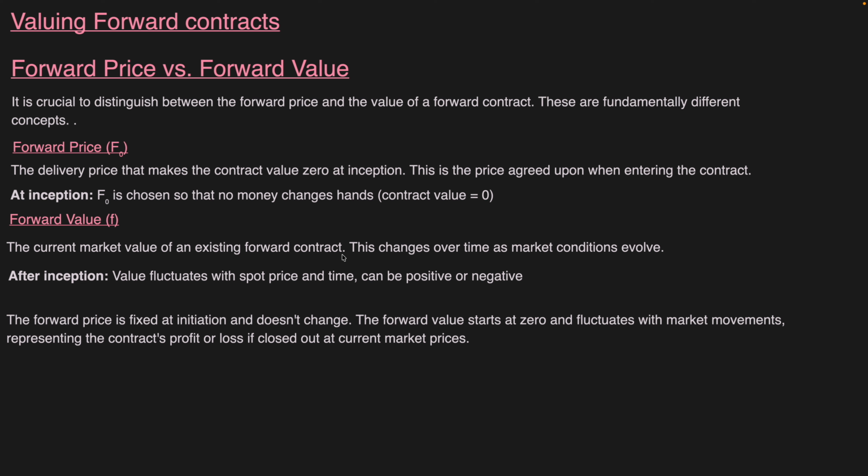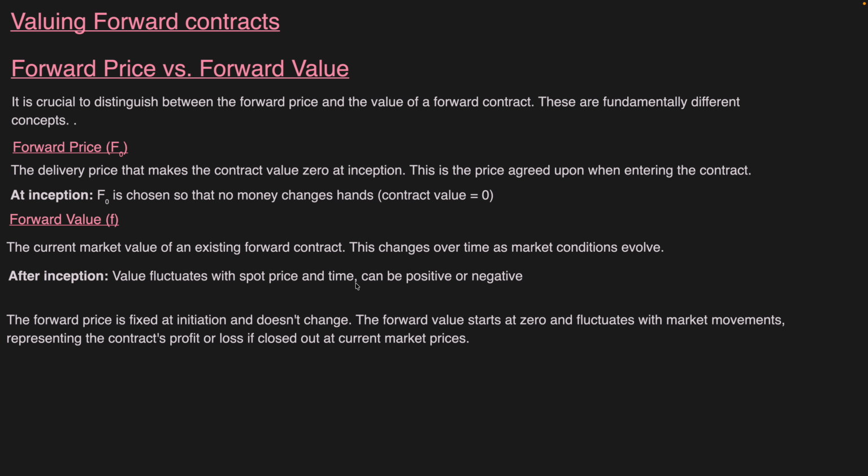Whatever forward contract you are holding, the current market value of that particular forward contract is called the forward value. Here the forward value changes over time because the market conditions also evolve over a period of time. The value fluctuates with spot price and time, and this value can be either positive or negative.